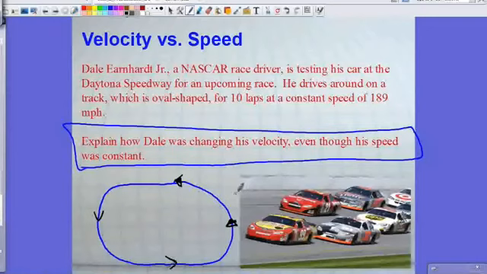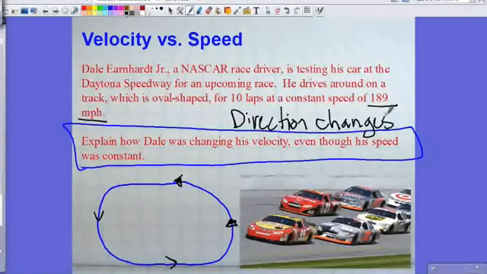He's going up, then left, then down, then right. So even though he's going 189 miles per hour the whole time, his direction changes. That means that his velocity is changing.